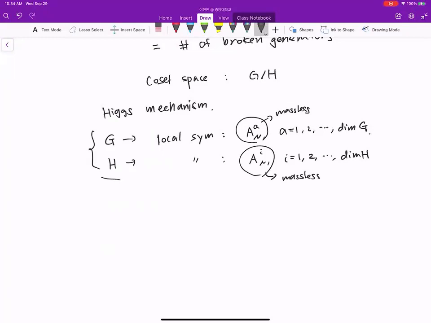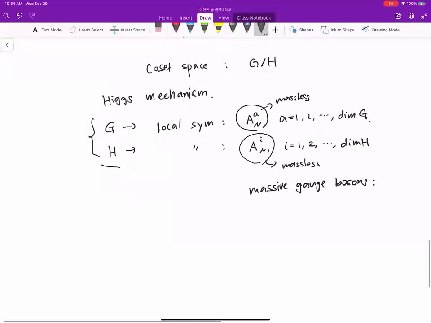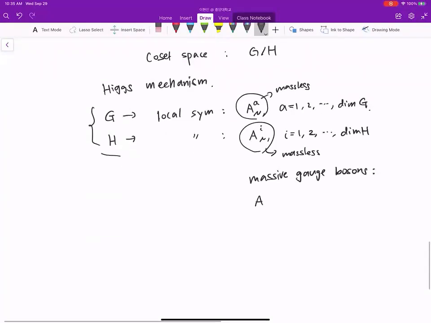So there are massive gauge bosons. Let me call them A, U, and these are, I don't know how to call this.